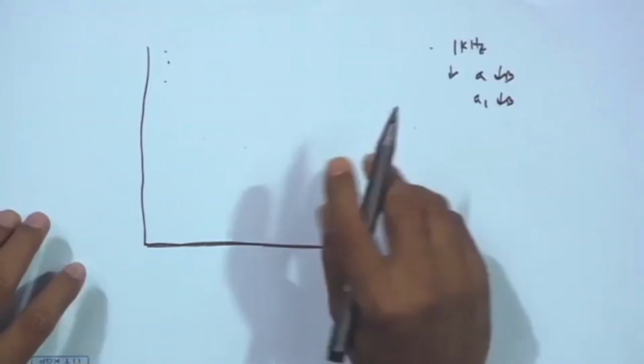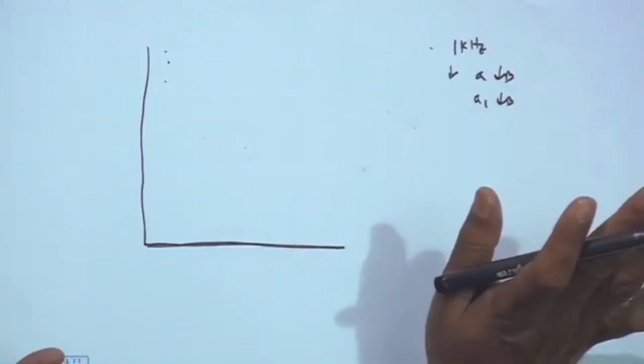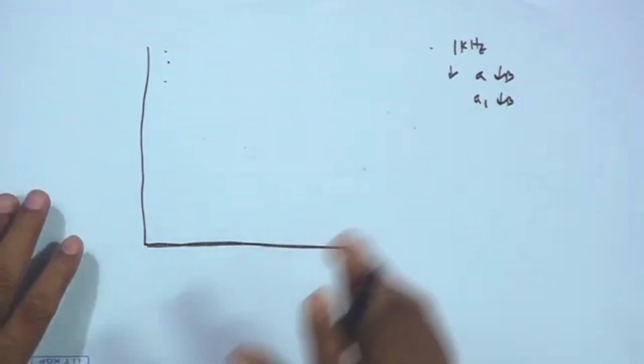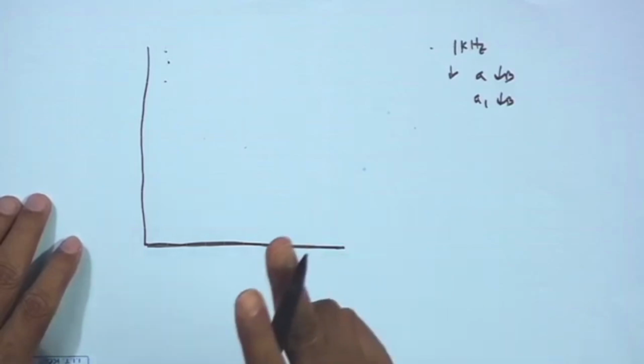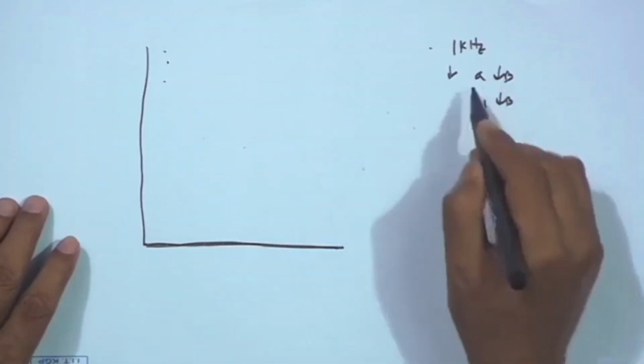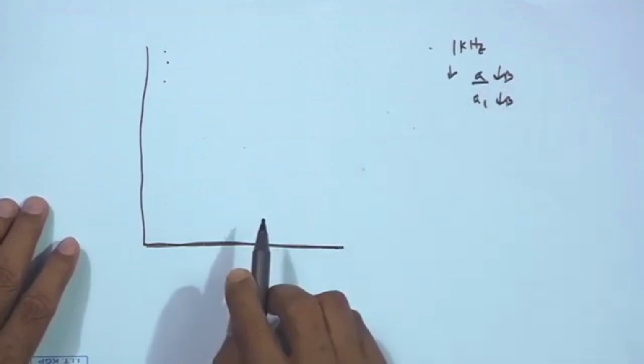Then again I take A1 dB, and listeners perceive it. I told the listeners, when you perceive the sound as twice that of A dB, you raise your hand.